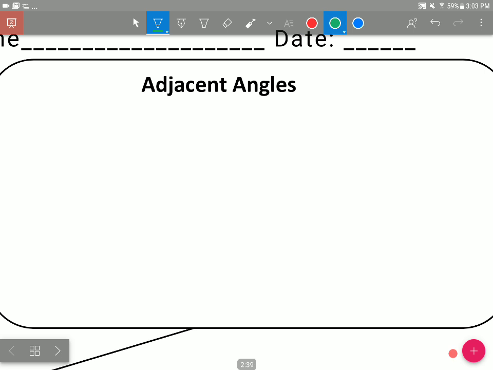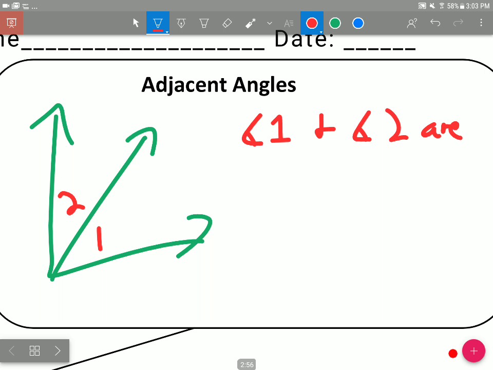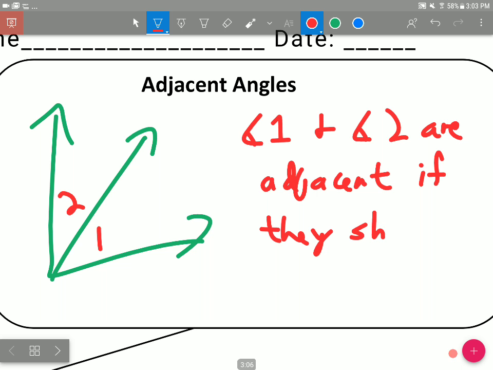Adjacent angles are angles that touch each other, like that. They share a side, they share a ray. Okay? So, call that 1, call that 2. We'll say angle 1 and angle 2 are adjacent if they share a side, or if they share a ray, and by ray, I mean this thing right here.